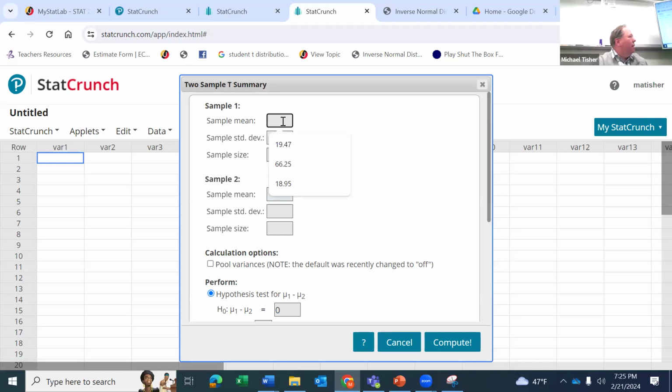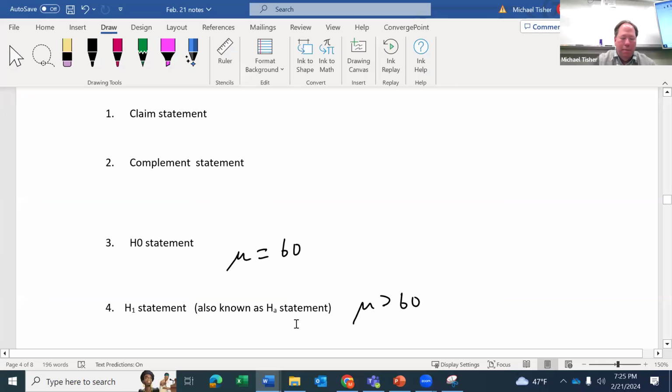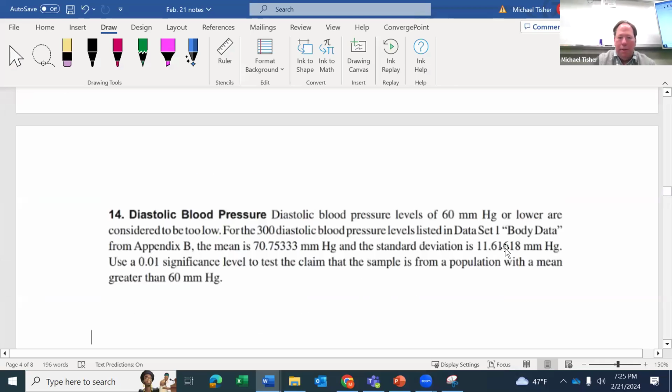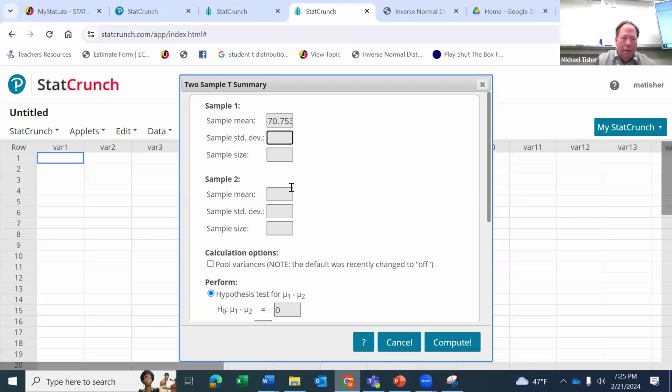So what's our mean again? 70.7533. Okay, and then sample standard deviation was? 11.61618. And then sample size, there were 300 temperatures, so 300.